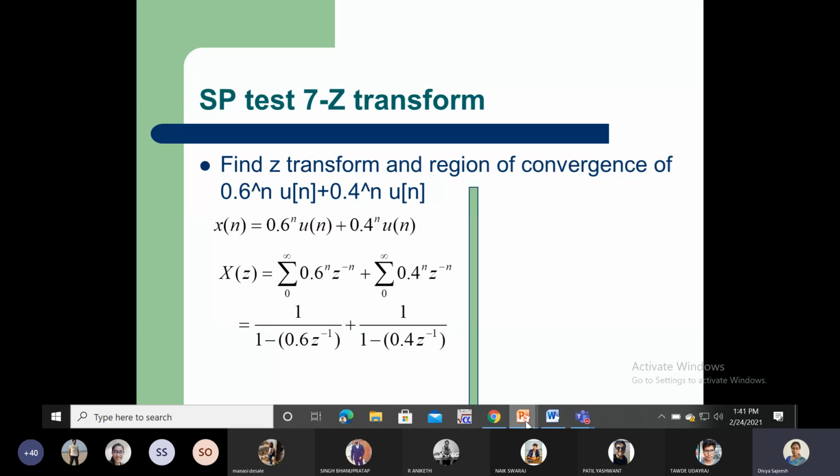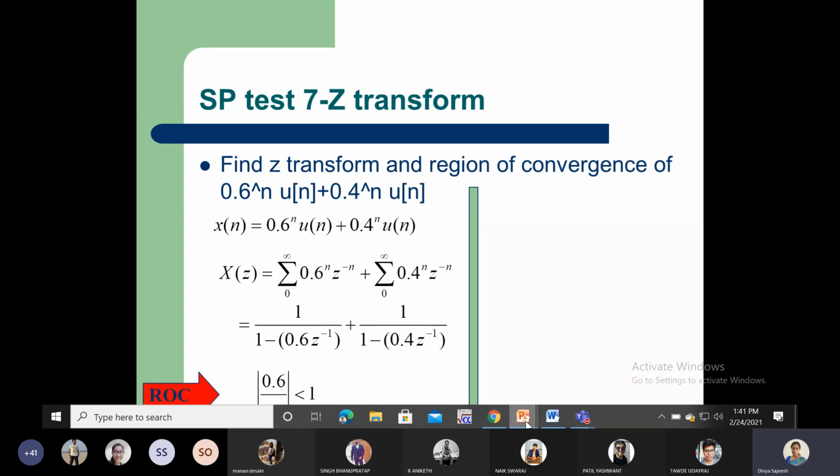So c is 0.6 into z inverse, giving 1 upon 1 minus 0.6 z inverse, plus the same way for the other signal: 1 upon 1 minus c where c is 0.4 into z inverse. Separately I expanded it using the sum series formula.